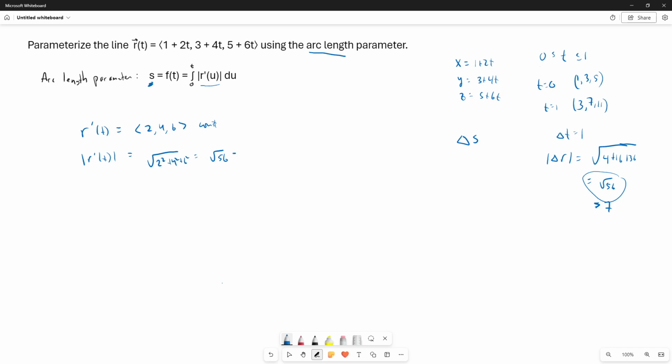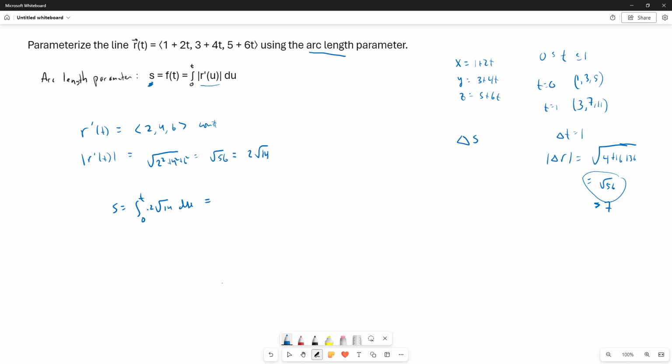Let's see, we can pull a 4 out of that. That's 4 times 14, so it's 2 times the square root of 14. Not much better, but 14 is square free. So now s is simply the integral from 0 to t of 2 square root of 14 du.